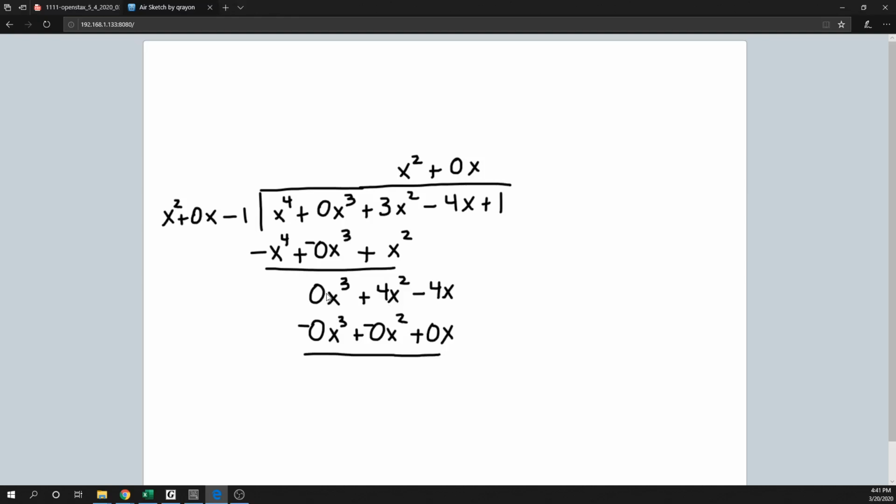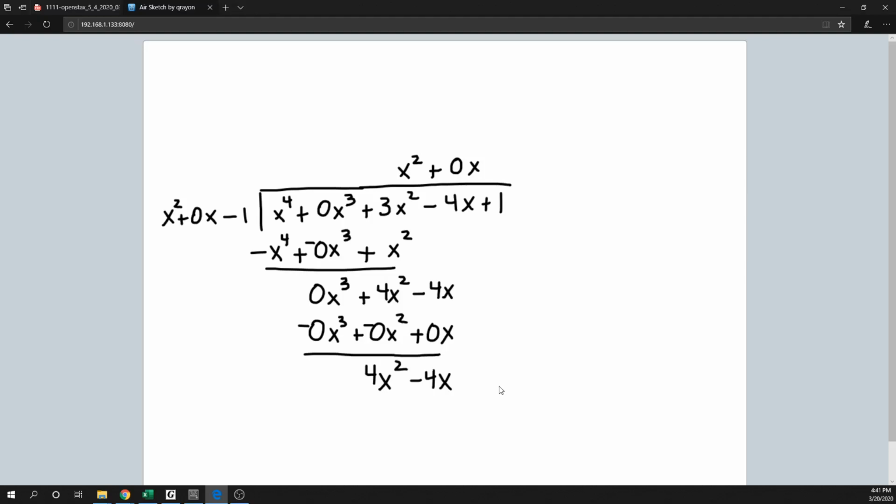So I'm going to not write those, but all the other terms I'm going to write, right? So here I have 4x squared plus minus 0x squared. That just gives me 4x squared because I'm adding. And then minus 4x plus 0x gives me minus 4x.